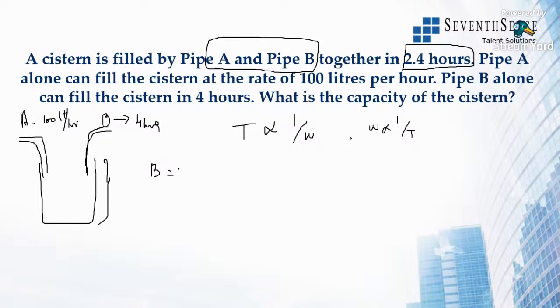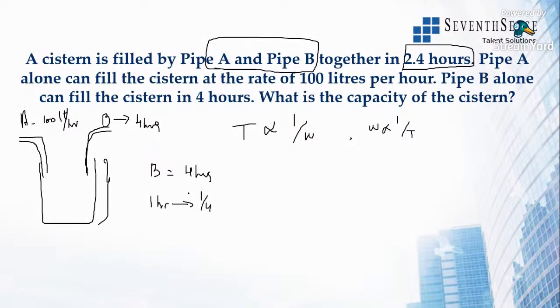B fills the tank in 4 hours. So this is the time given. So every hour B fills 1/4 of the tank. Agree? Everyone agrees?